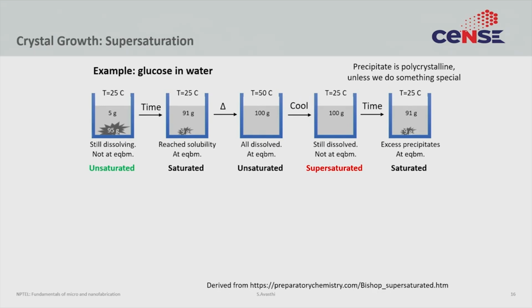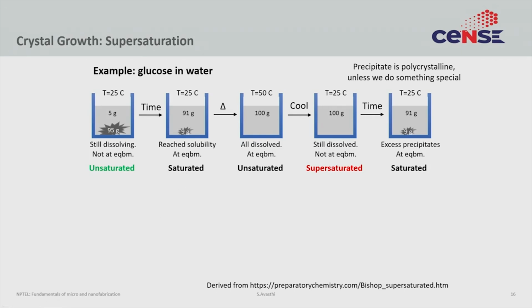If you give it long enough time, ultimately the system will reach equilibrium, when the solubility limit of glucose in water is reached, which is 91 grams. At that point, the 9 grams that is left over is just going to sit at the bottom of the cup because it cannot go into the solution anymore. So, now this solution is at equilibrium, and what you have is a saturated solution.